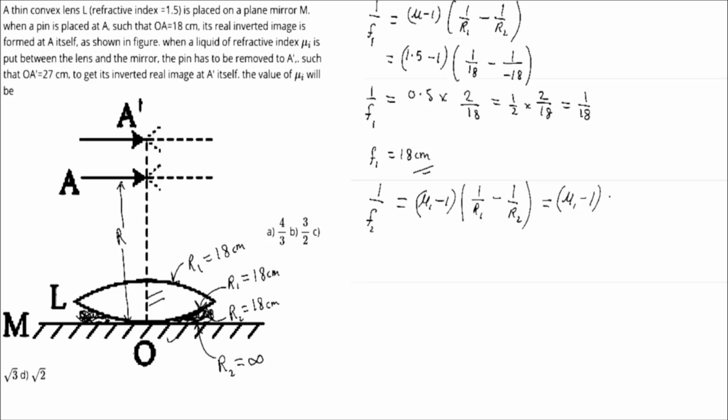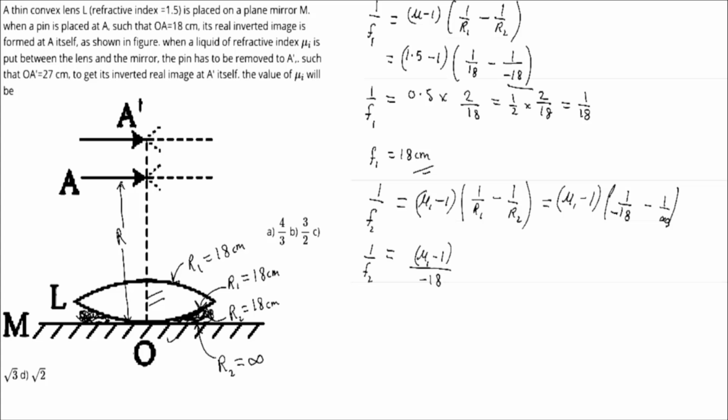So this is 1 upon 18 minus 1 upon infinity. This 18 will be negative because this R2 of the first case was negative. So on solving, we are getting 1 upon F2 is equal to mu1 minus 1 upon minus 18. This is the value of 1 upon F2.